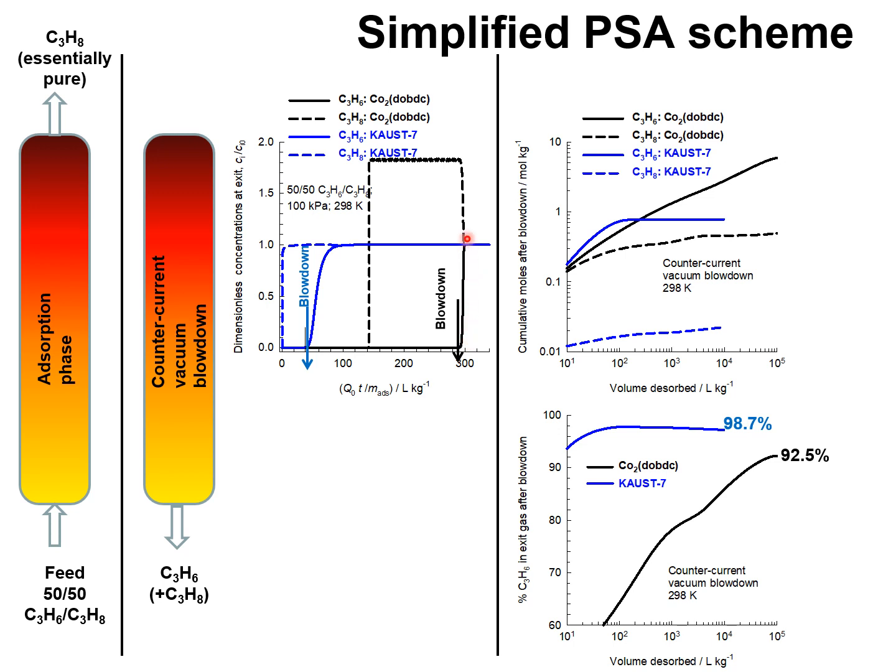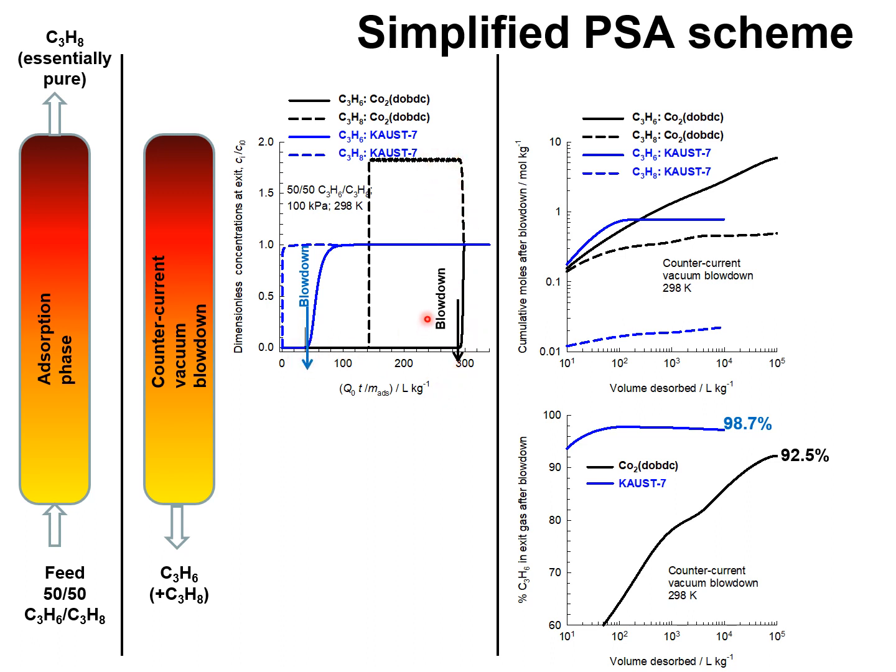The breakthroughs with cobalt MOF74 are indicated by these black lines, and the breakthroughs with KAUST-7 are indicated by the blue lines. For cobalt MOF74, there's significant uptake of both propylene and propane, whereas with KAUST-7, propane is practically excluded from the pores. However, the uptakes of both components are significantly lower than the uptakes with cobalt MOF74.